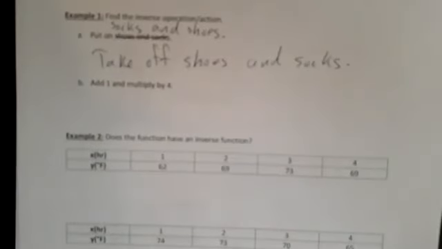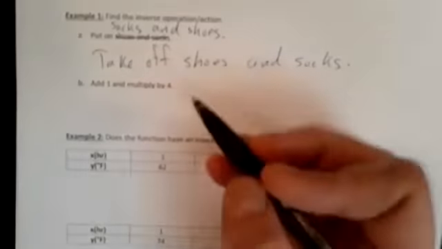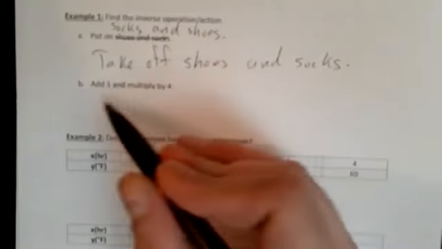So 5.2 is about inverse functions and their representations. So we're going to talk about inversing things formally. We've already kind of talked about this. If I want to multiply, the opposite of multiplying is dividing. If I want to add something, the opposite of adding would be to subtract it. And so if I want to add 1 and then multiply by 4, if I want to undo that, I should go, and I've kind of hinted at it, reverse order, right?